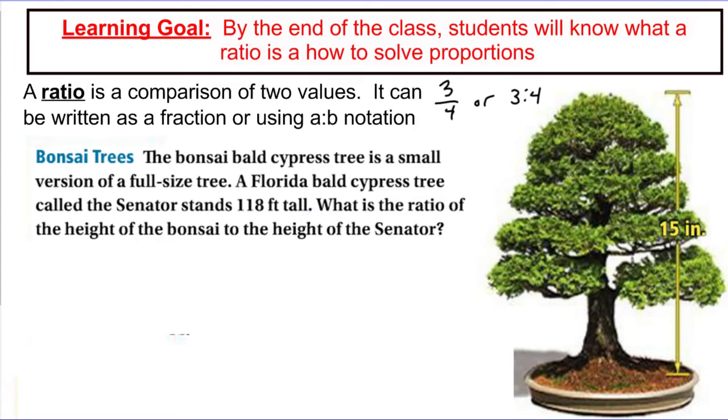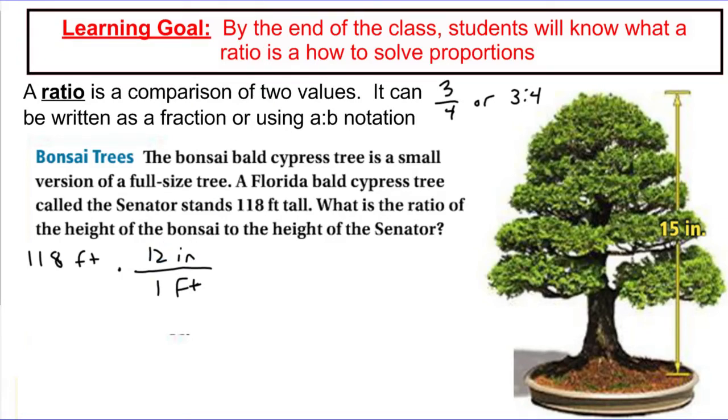So the first thing we're going to do is take the senator tree and change it into inches. We're going to do a little bit of what's called unit conversion, or if you've been in a chemistry class, we call it stoichiometry. So we're going to talk about 118 feet, and we want to change the feet into inches. If you know your unit conversions, we know that there are 12 inches in 1 foot. It's my goal to make the units cancel, so I'm going to put 1 foot on the bottom and its equivalent form, 12 inches, on top.